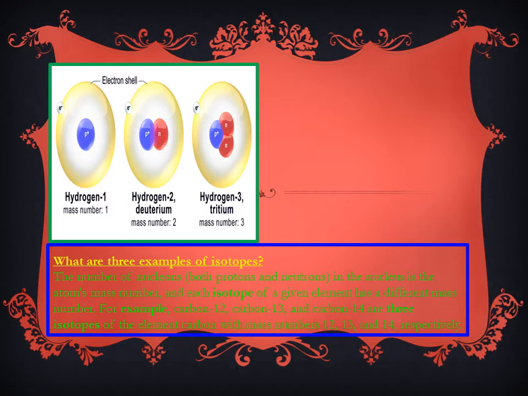And the third one is hydrogen 3, tritium, mass number 3, atomic number 1, proton also 1. The first one has 1 proton and 1 electron, so the mass number is 1 and the atomic number is also 1. Second is deuterium. Its mass number is 2, meaning 1 proton and 1 neutron. And the third one is hydrogen 3, tritium. It has 1 proton and 2 neutrons.